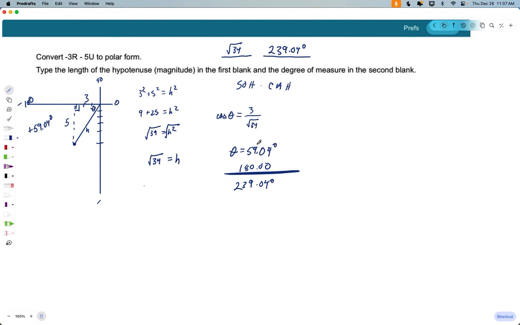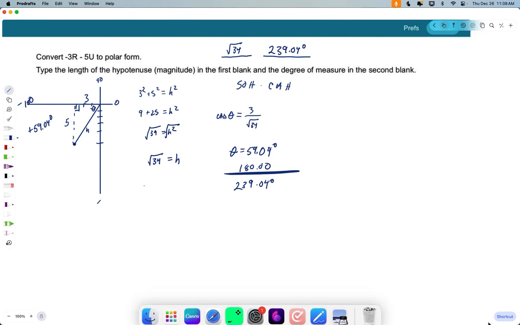If you're typing it in and it's telling you it's wrong, it's probably because you forgot to include that other 180 degrees to the angle that you found. It's important, otherwise you're not going to be located on the system in the right place.